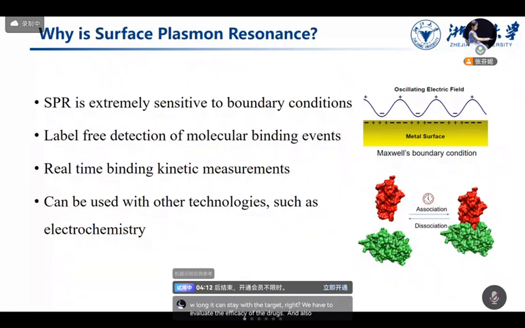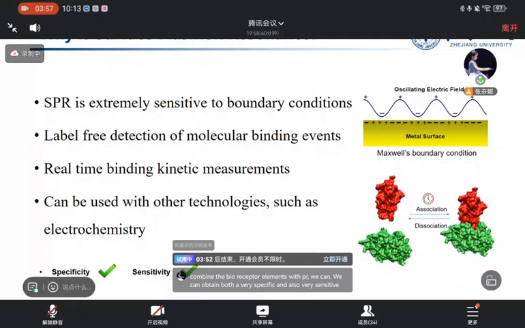And also, it's a very good technology to be combined with other methods like electrochemistry. So when we combine the bioreceptor elements with SPR, we can obtain a technique for detection that is both very specific and very sensitive.